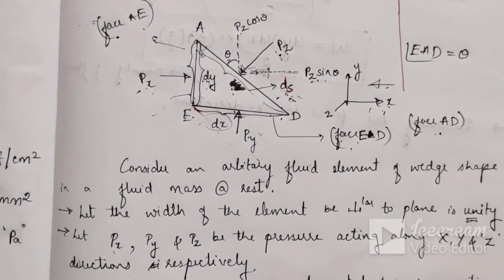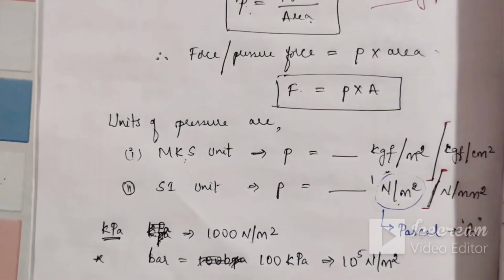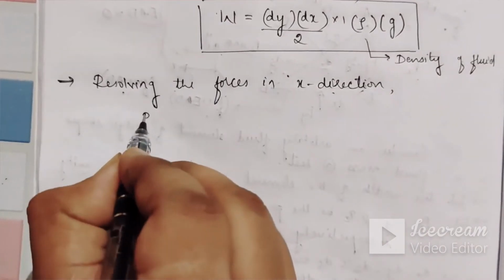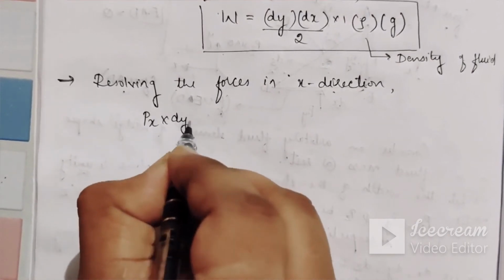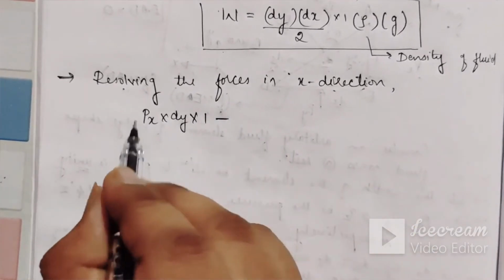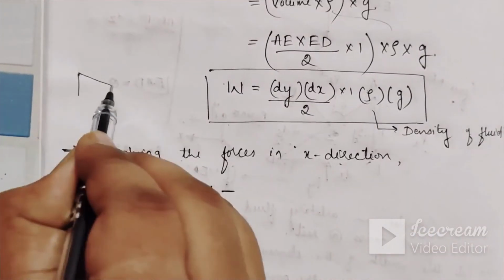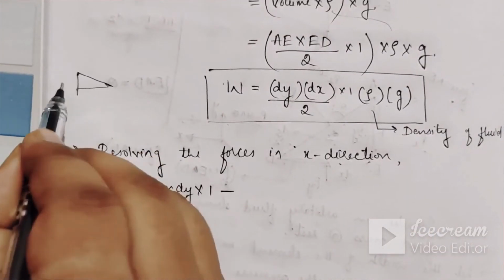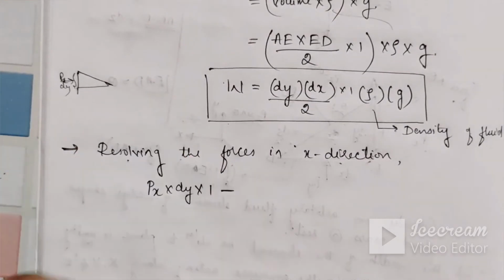Either we can say resolving the forces in the x direction, or we can say we are equating the forces in the x direction. So resolving the forces in the x direction, what will happen? The force px into dy into 1, so minus, it is on the face AB, so I'll write small, px into dy in the x direction.